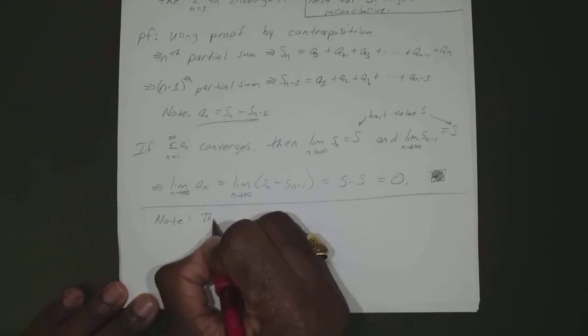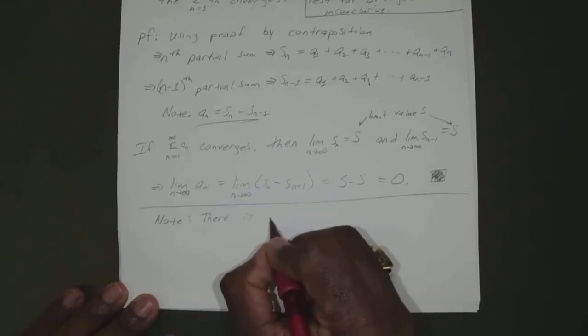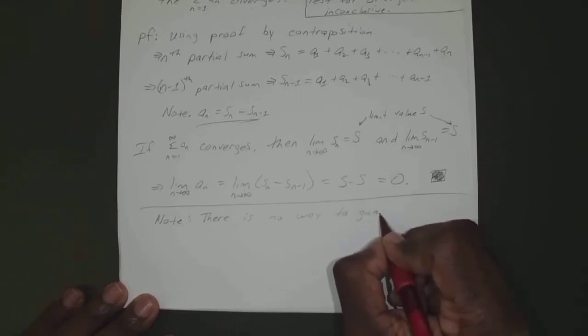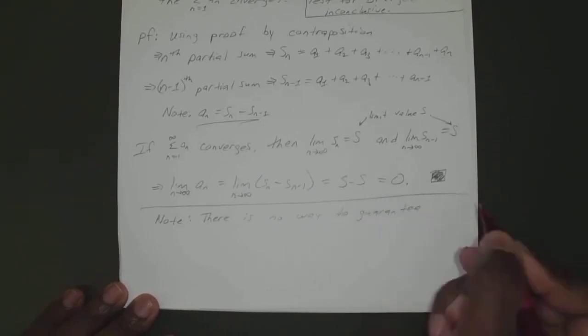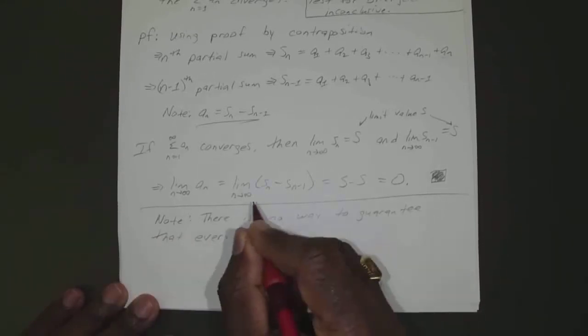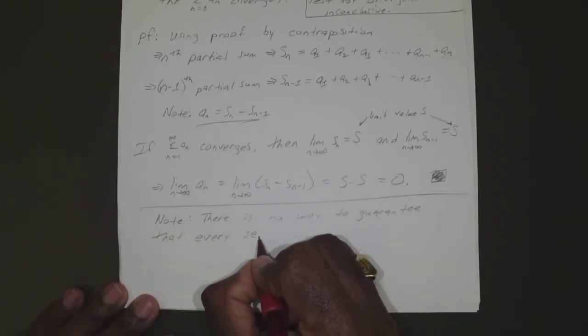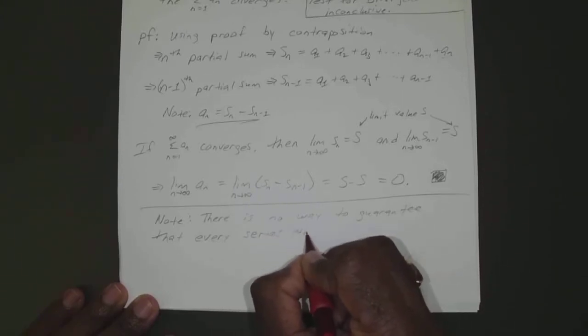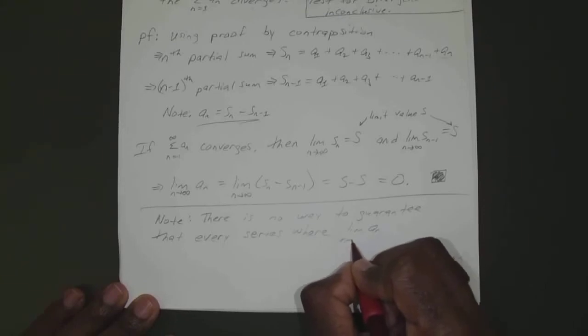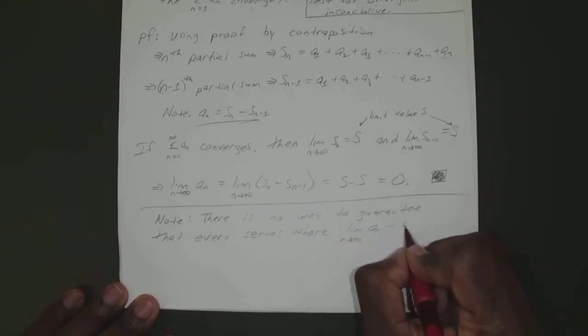So there's no way to guarantee that every series where the limit as n approaches infinity equals 0 actually does converge.